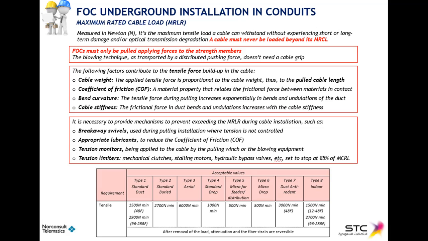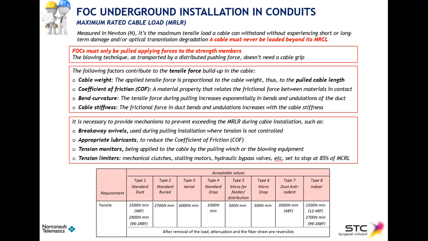Bends and curvatures. So if the installation route is bent, that would also increase the pulling load. We have already stated the installation spans have to have limited bends, and between bends the ducts must be as straight as possible. The cable stiffness as well can increase the frictional force, especially when the cable goes through bends.